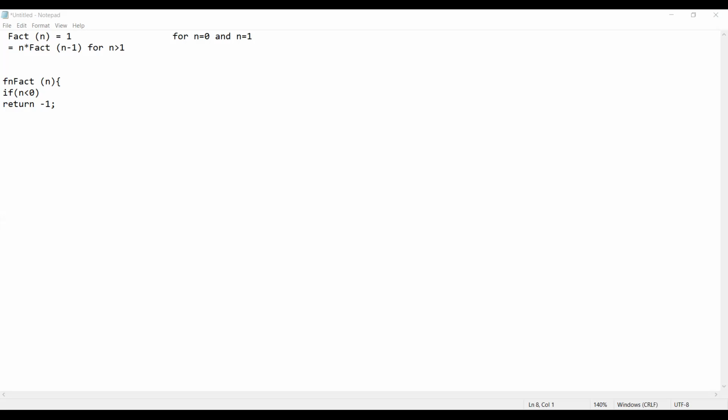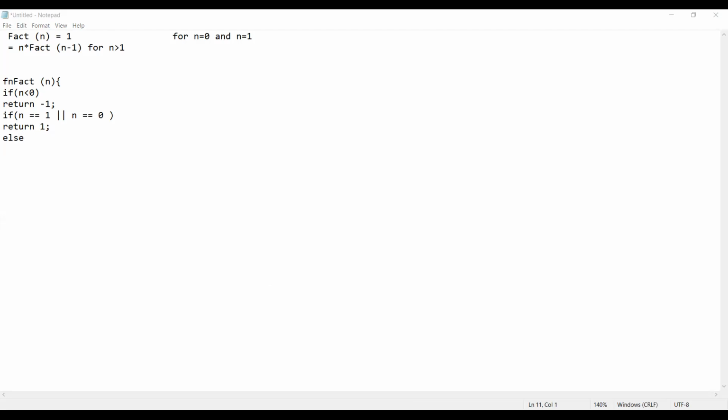So this is the base criteria, and if this condition is satisfied, according to rule 1 it will return 1. Otherwise, go to the else block.